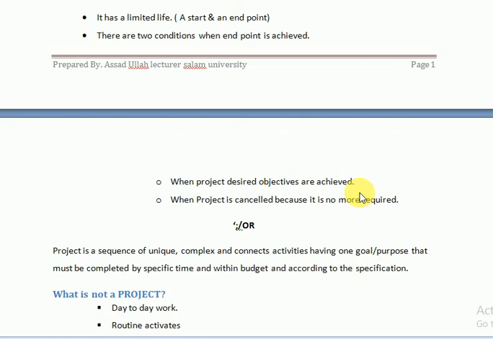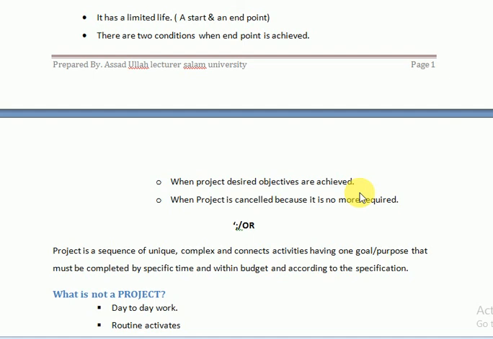After all the definitions of the project, we reach the point where we say that the project must have the following characteristics. First one, it has established objectives in advance. There will be some objective of the project.